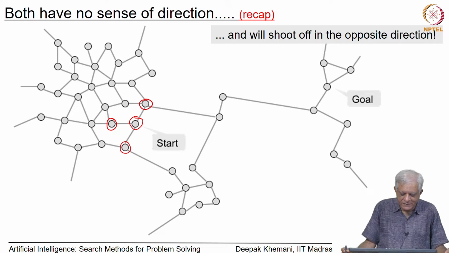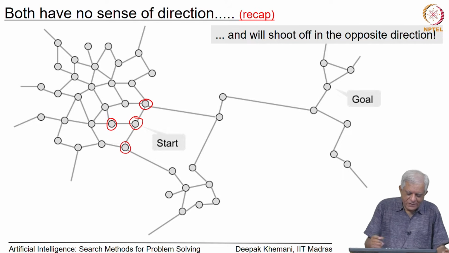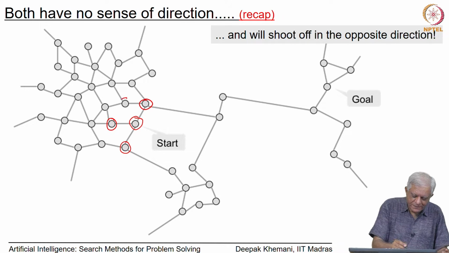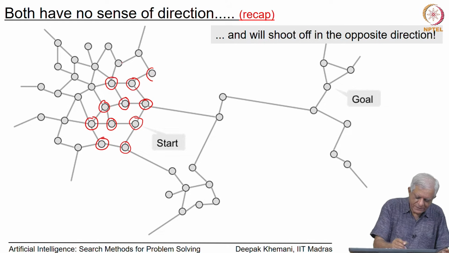So, we assume that the graph is given in Dijkstra's algorithm, but in any case they explore the paths which are closest to the start state. So, after these 4 nodes have been explored, perhaps this is the next node that would be explored, and maybe then this would be the next node, and maybe this one, and this one, and then this one, and then this one, and this one, and so on.